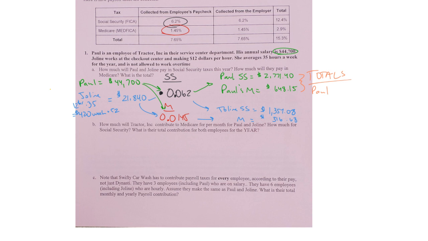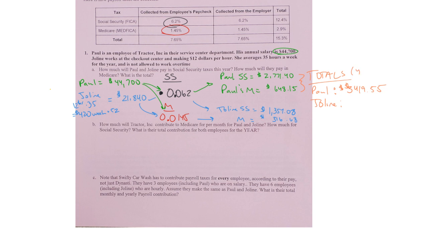I'm going to add it to $648.15. Or, just to double check, you can do Paul's total salary. You can times it by 0.0765. So Paul's total, so this is what he's going to pay, is going to be $3,419.55.